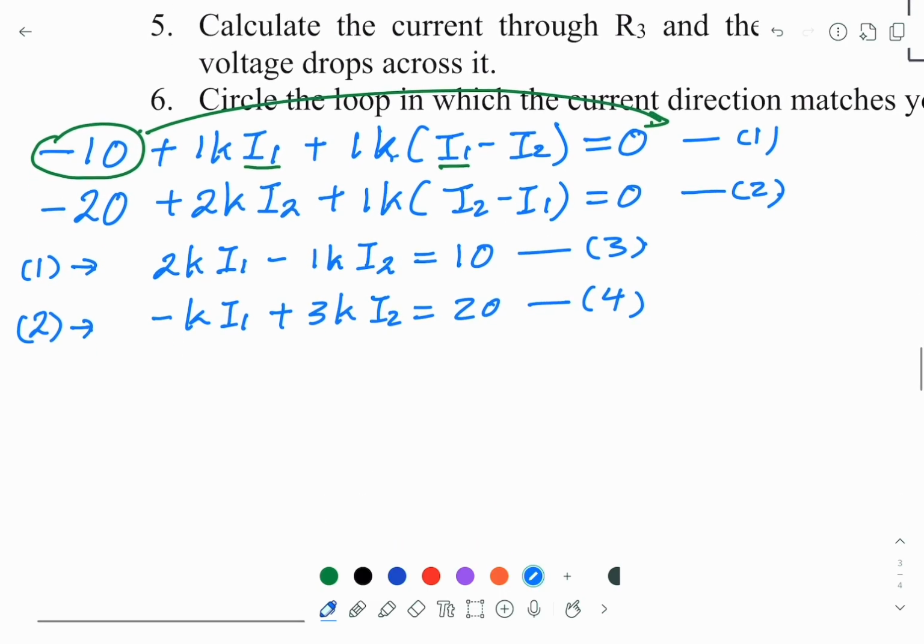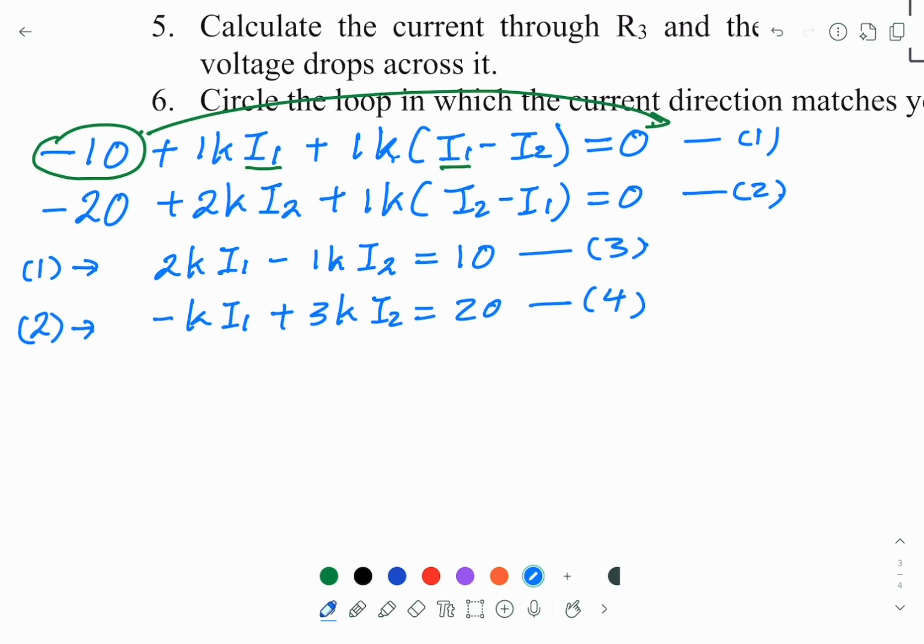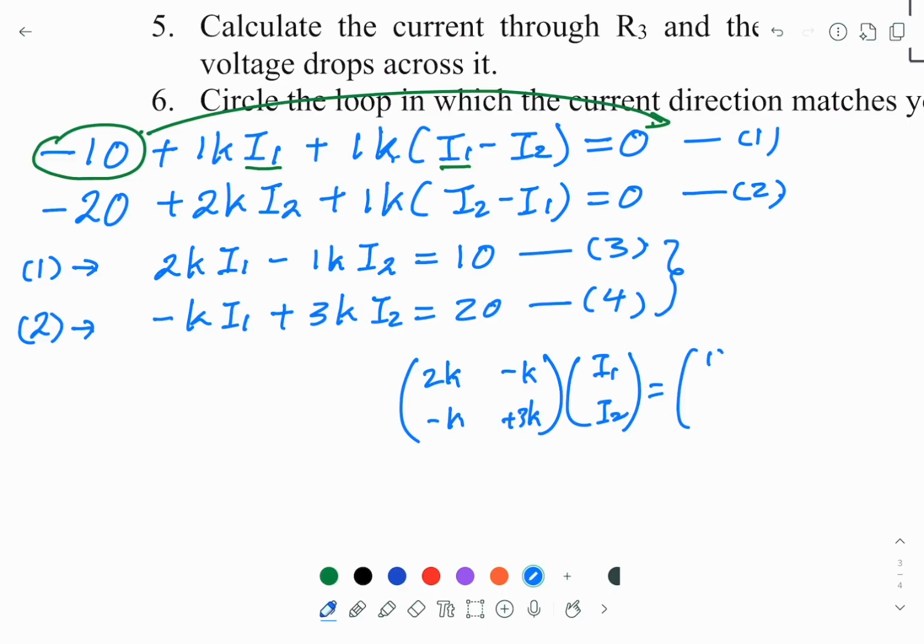Now, in this case, you can see we have two equations and two unknowns, I1 and I2. So you can apply whatever method you know to solve I1 and I2. For example, you may know matrix, so I can say 2k, minus k, minus 1k, plus 3k, I1, I2 equal to 10, 20.